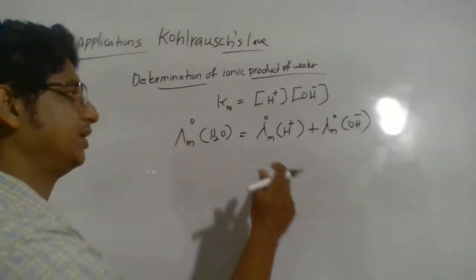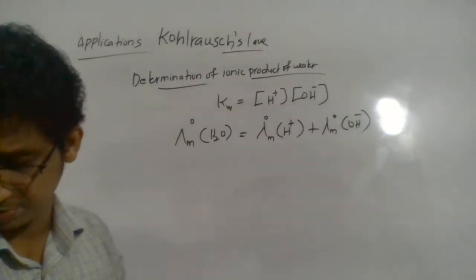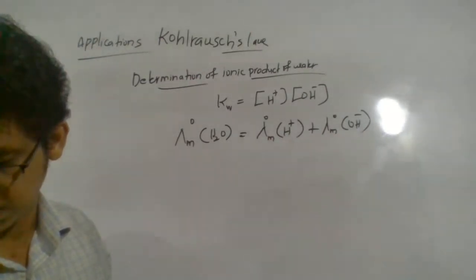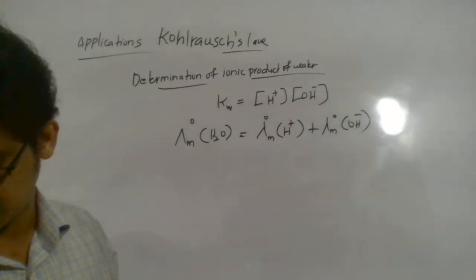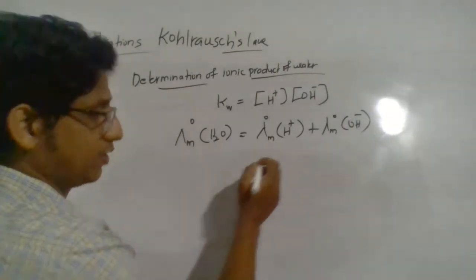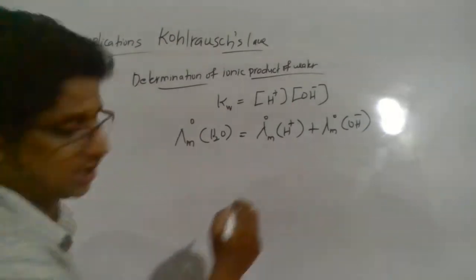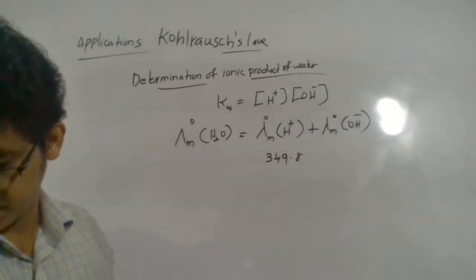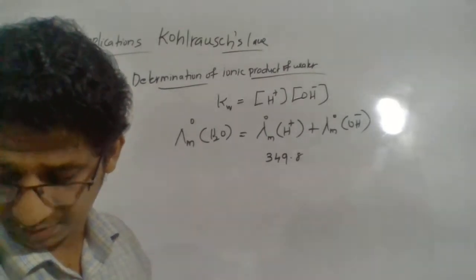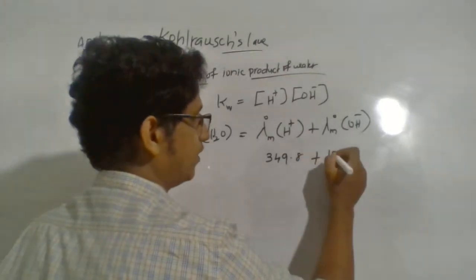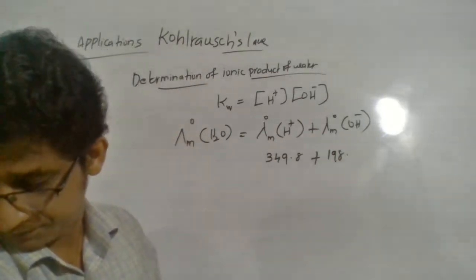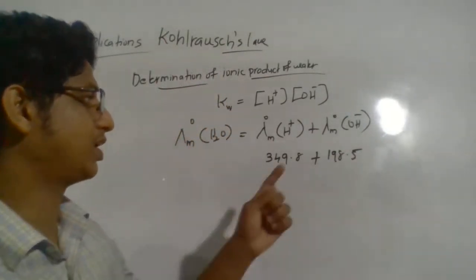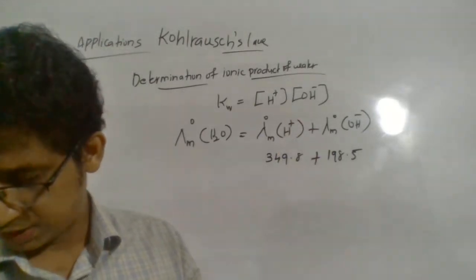You select a suitable electrolyte, and you can easily find the summation of molar conductivity of H plus and OH minus. It is observed that they have independent values: for H plus it is 349.8 ohm inverse centimeter square, plus 198.5 ohm inverse centimeter square, that's the value of molar conductivity of OH minus at infinite dilution.